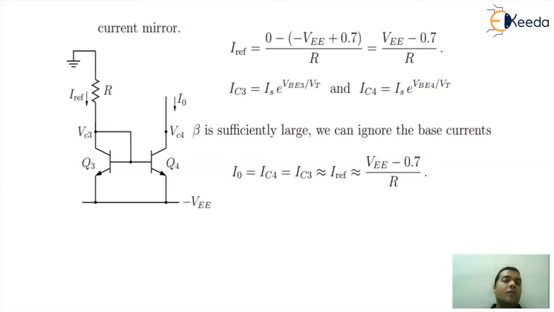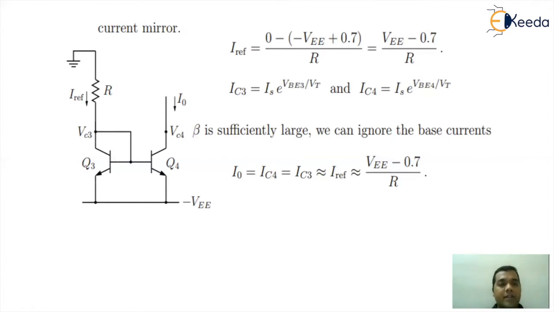Actually they are part of the differential amplifier. Differential amplifier is already using two transistors Q1 and Q2. Along with that, we are going to use this circuitry, which is a current mirror or constant current source circuitry, at the lower section for current stabilization. That's the reason the transistor names are Q3 and Q4.